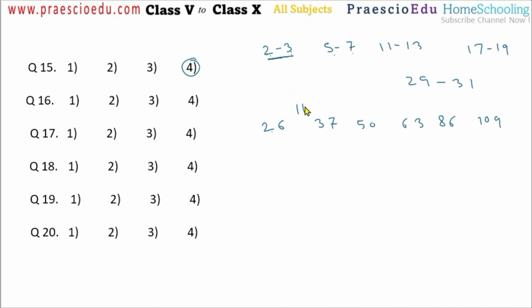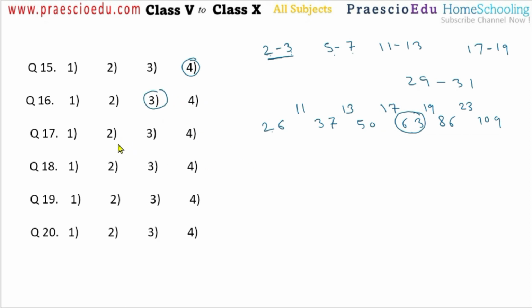After this, 13 is added, means after 11 the consecutive prime number is 13, and then after 37, 17 should be added, then after 17, 19 should be, and after 19, 23 should be added. But if you add all this, we are getting a different one, means 63. So here actually 67 should be there. So this 63 is given in option number 3 for question number 16.